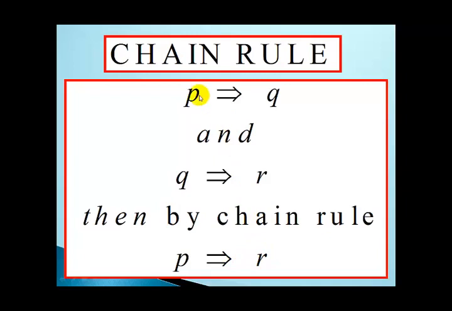Because here we have P implying Q, and here we have Q implying R. So it means that P now implies R. So R becomes true if P is true.